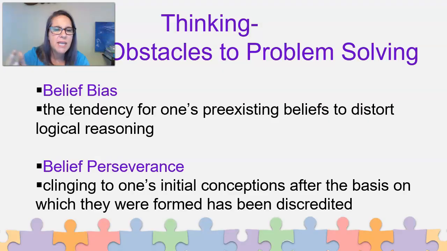Belief perseverance is clinging to that first impression, okay? Clinging to that initial conception, even though that information has been discredited, even though it has been proven to you that it is not true. You're still kind of clinging to that belief.